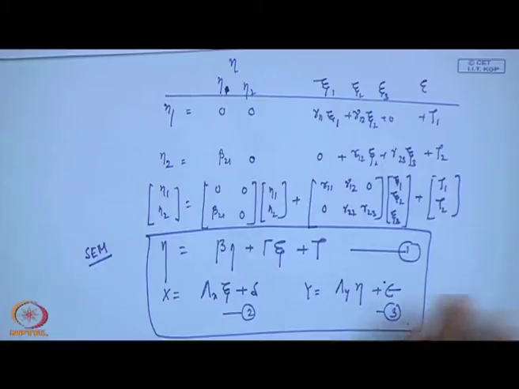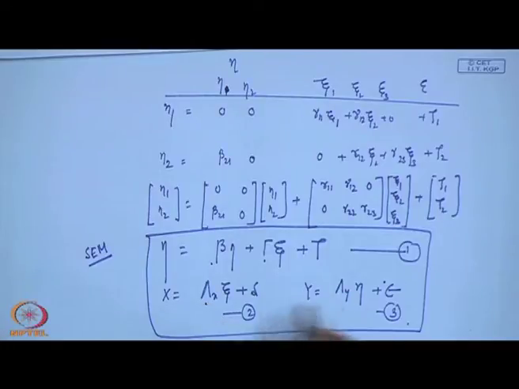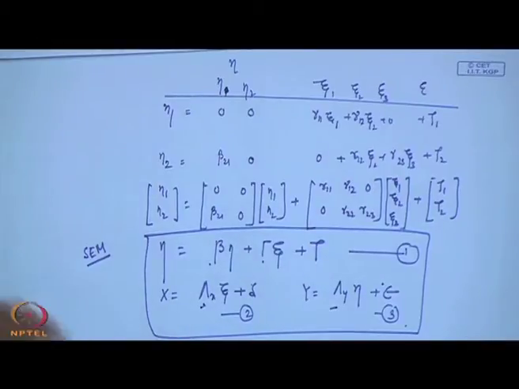Okay, and you require to estimate beta, gamma, lambda x, lambda y, covariance of this, covariance of this, covariance between this. So many parameters you have to estimate.